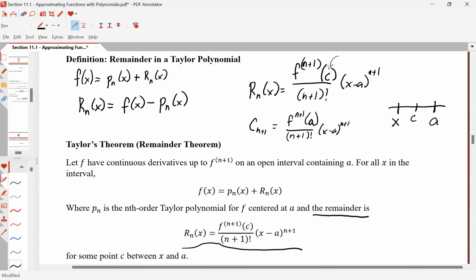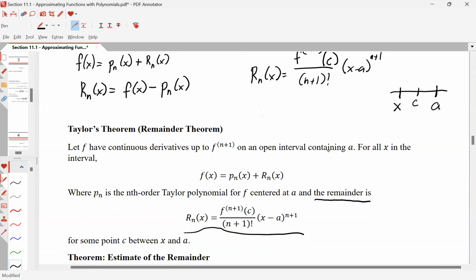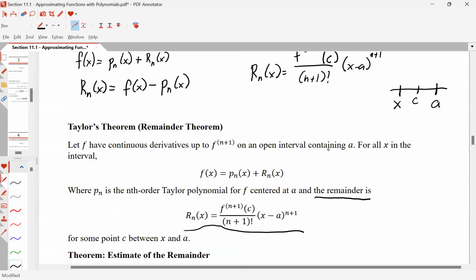It is somewhere between x and a. We just don't really know what that is. So the remainder can actually be found if we knew that c value to be the n+1 derivative at c over n+1 factorial times x minus a to the n+1, for some point c between x and a.